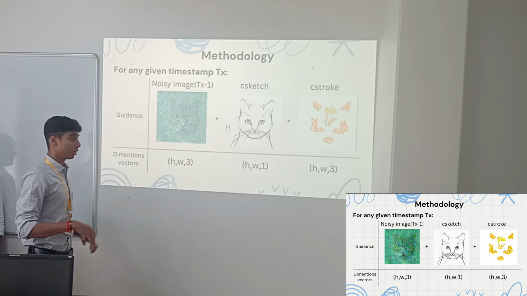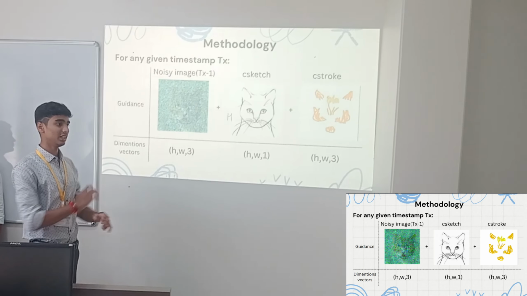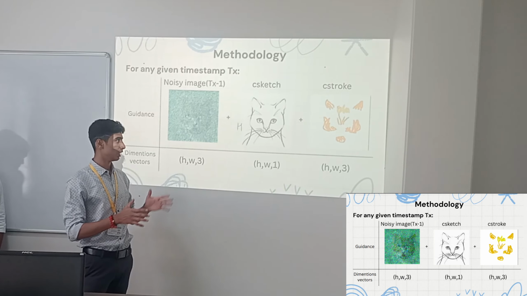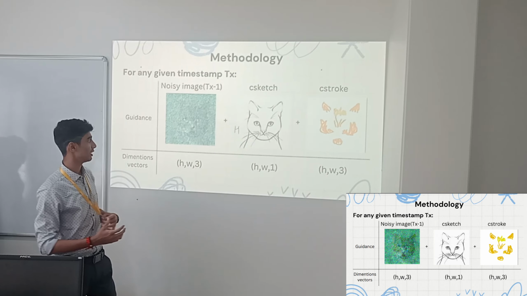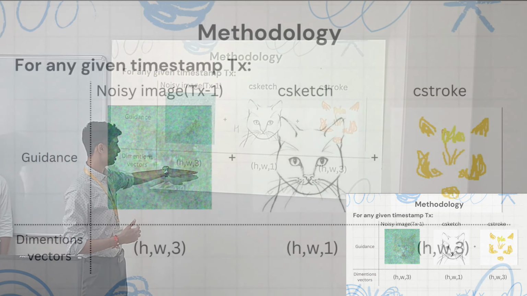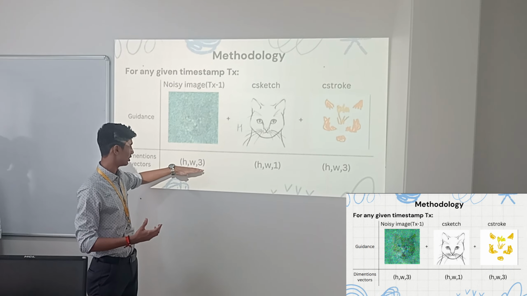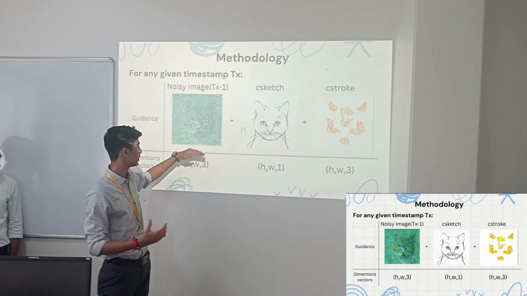So our methodology is that we do not want a random output, right? We want a guided output. The dimension of the input to the diffusion is height, width, 3, because of the RGB color channels.